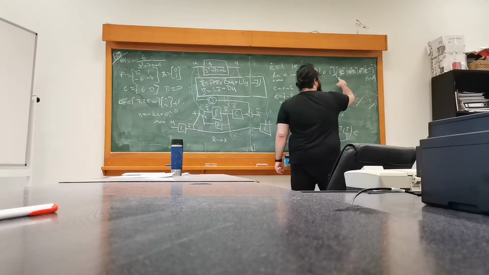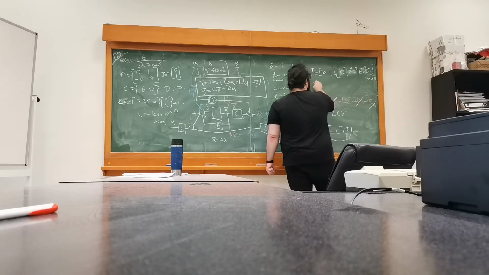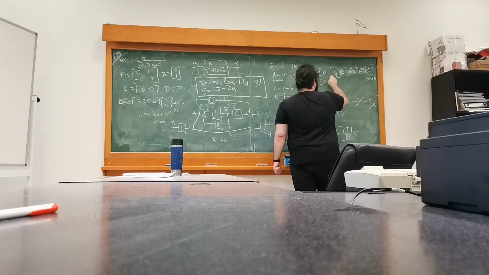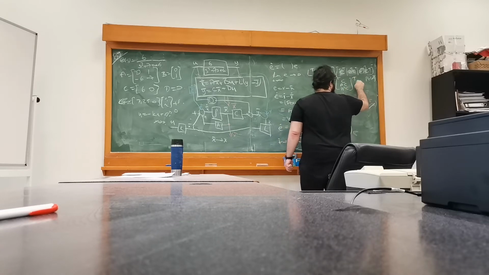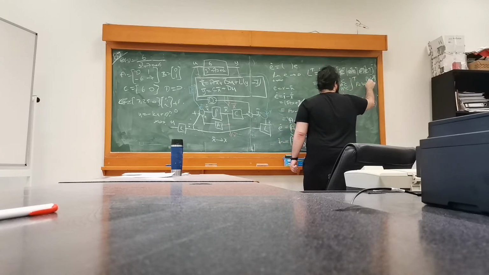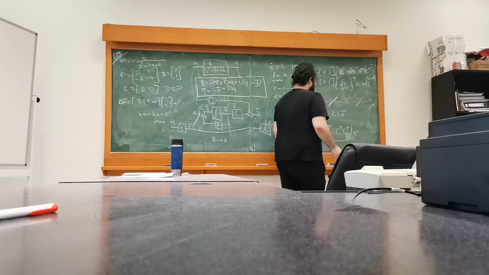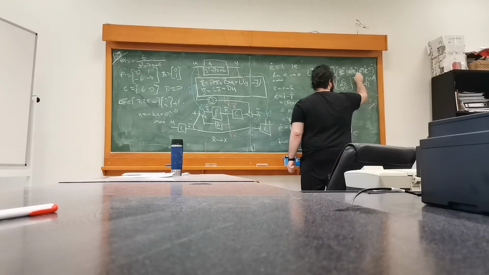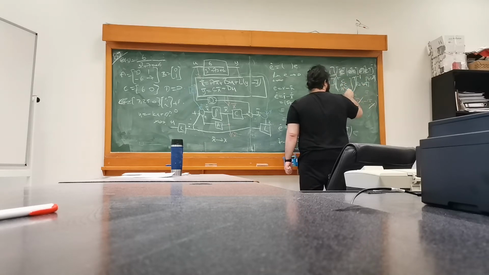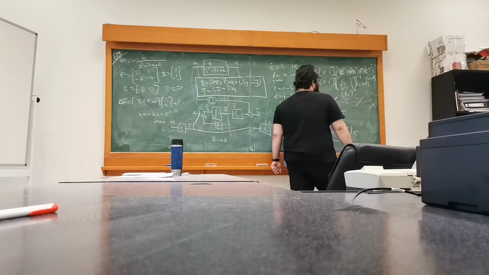But this here is actually something that we know. It is C, CA, CA², etc., transposed, with PD(Aᵀ). And this is basically the observability matrix. Of course, there's also an inverse of this whole thing, which is basically Φ_O inverse transposed.